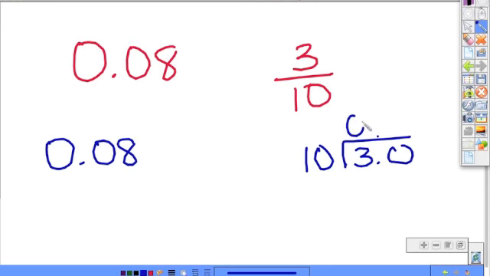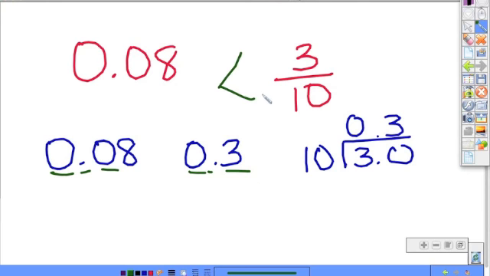Okay, 10 does not go into 3, but 10 does go into 30 3 times. So now I'm comparing these numbers. Remember, take it number by number. We go 0, 0, decimal, decimal, 0, 3. Oh, well, 3 is definitely larger than 0, so my sign is going to go in that direction.